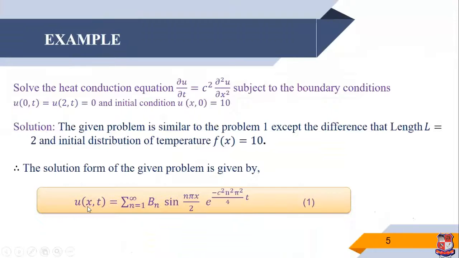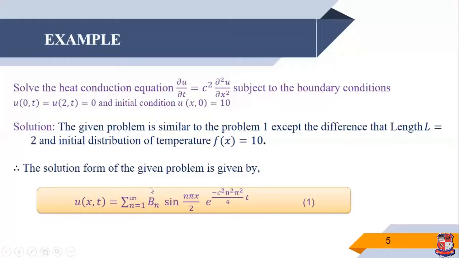We write u(x,t) is equal to summation n is 1 to infinity b_n sin(n pi x by l), but l we consider as 2, e raised to minus c square n square pi square by l square, L is 2, so by 4 into t. So this is the solution of the given problem with boundary condition and initial condition.